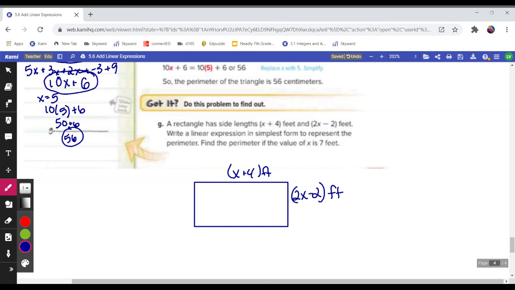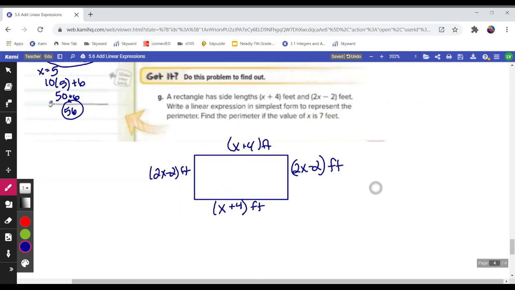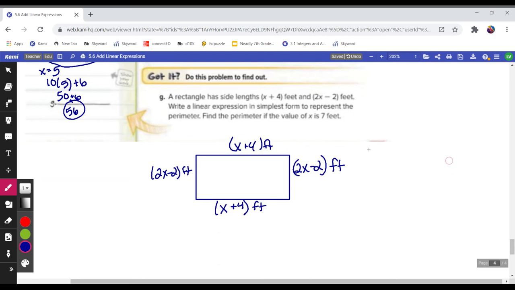So if I know that my top side length is x plus 4, then so does my bottom side length, the quantity x plus 4 feet. If the right side is the quantity 2x minus 2 feet, then the left side is the quantity 2x minus 2 feet. So to find the perimeter, I need to add up all my sides.